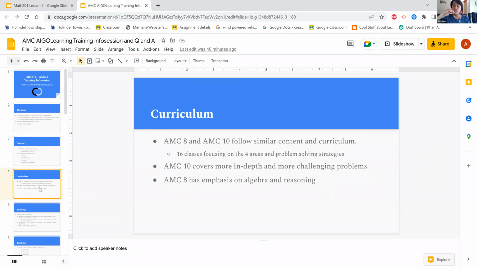While AMC 10 will have a more spread out emphasis, meaning there will be a much more evenly distributed emphasis on number theory, geometry, and counting and probability. And AMC 10 will cover the concepts more in depth, and the problems will be much more challenging than for AMC 8. So that's the difference, but overall, the general structure is the same for both classes.